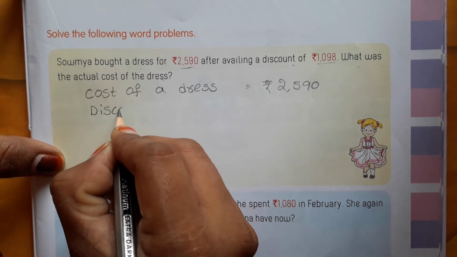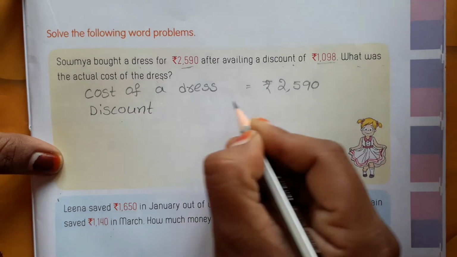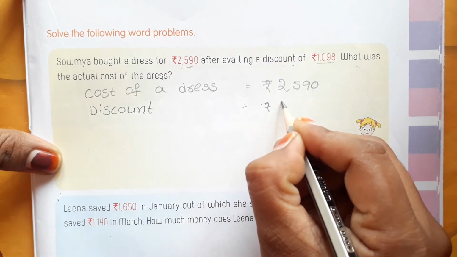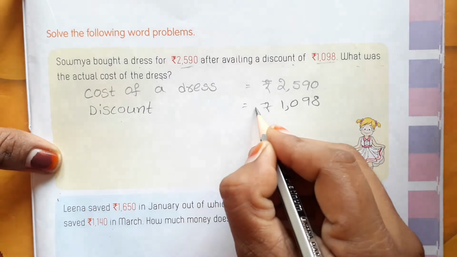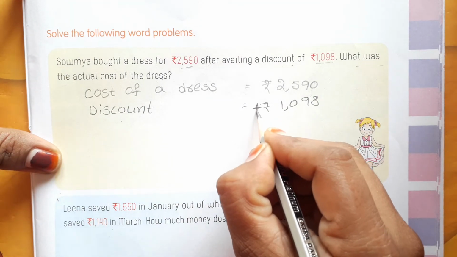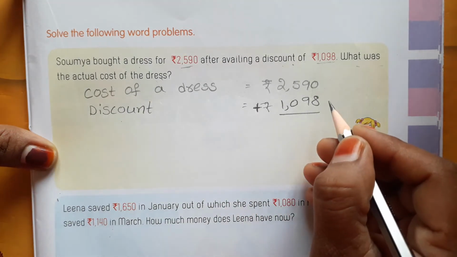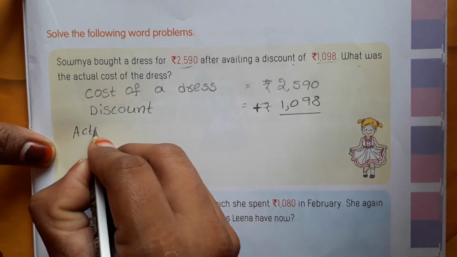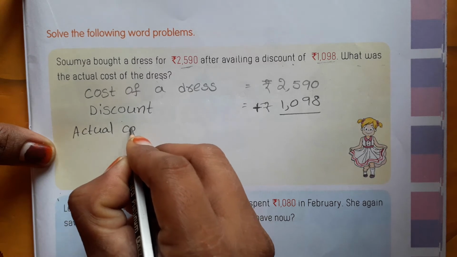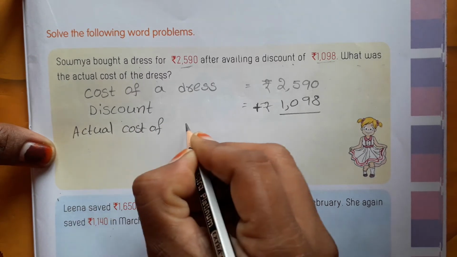How much? Discount, rupees 1098. If you add these two numbers, then you will get the actual cost of your dress. Actual cost of a dress.